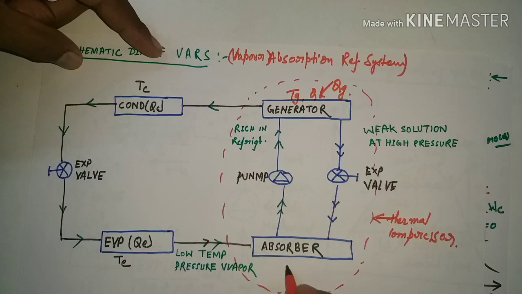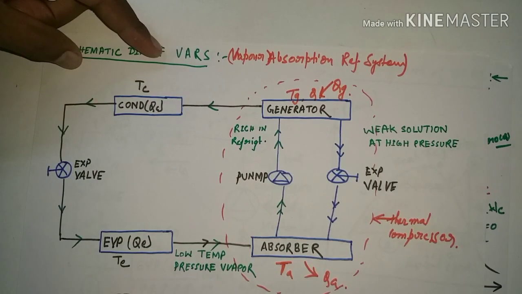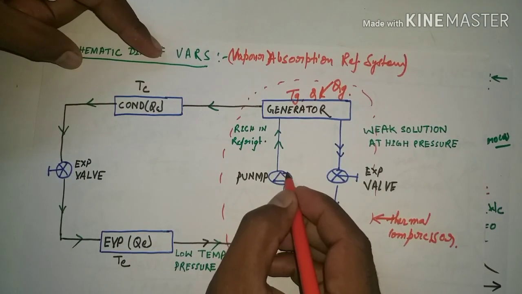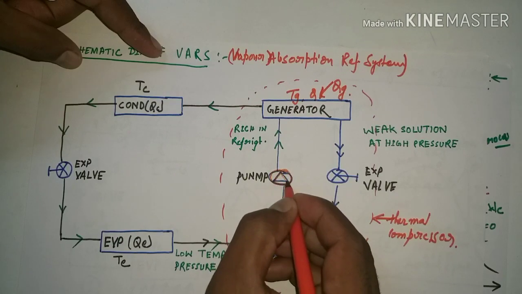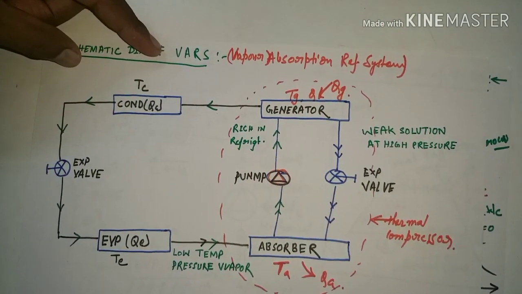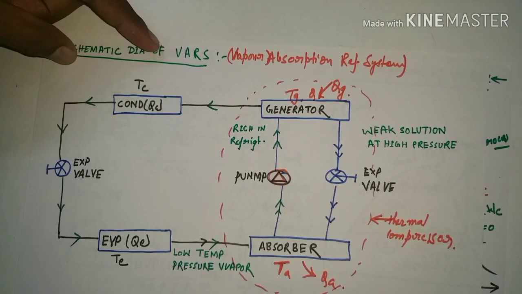Here is an absorber, where we reject heat QA, and temperature is maintained at TA. And this is a pump. Using a small capacity pump, we create the thermal compressor. So let me start with this point.